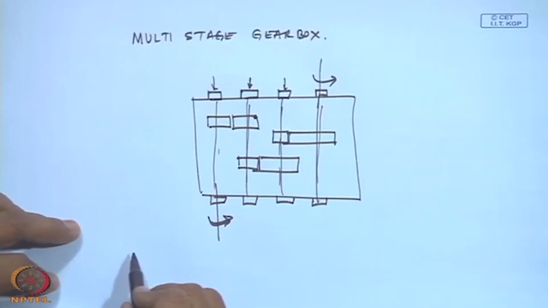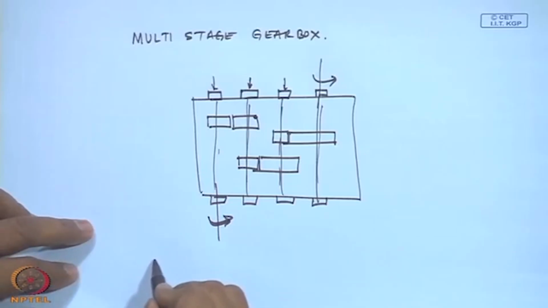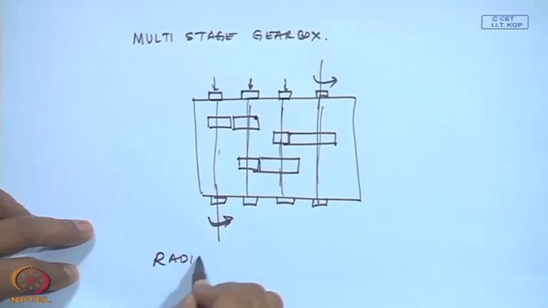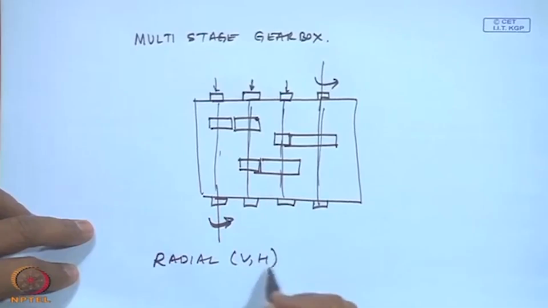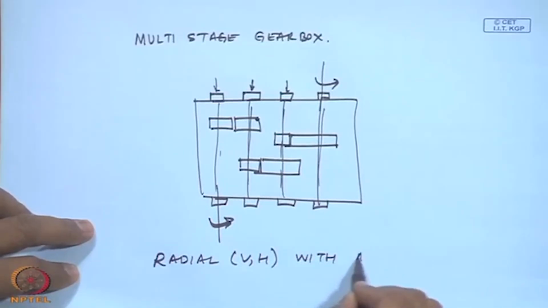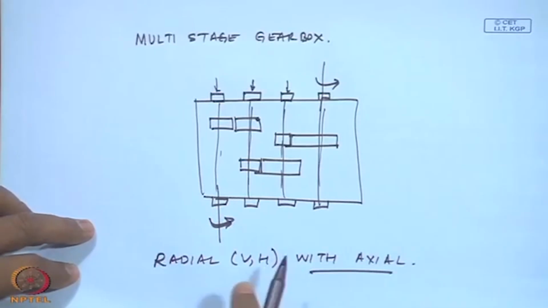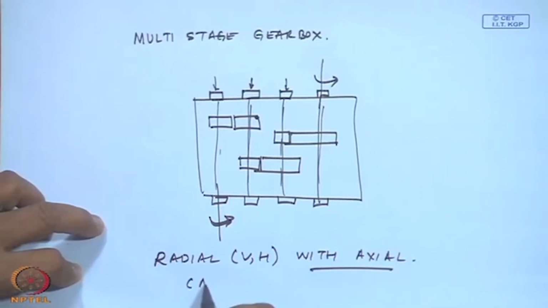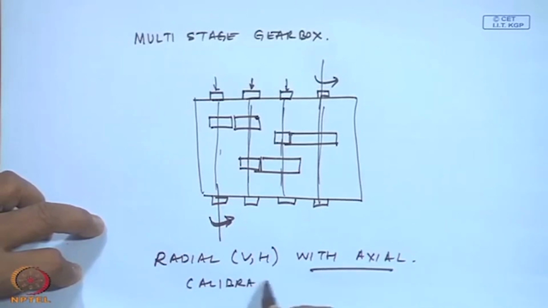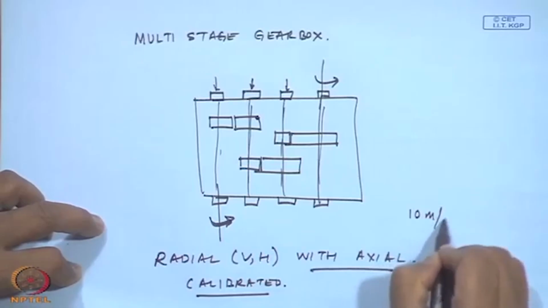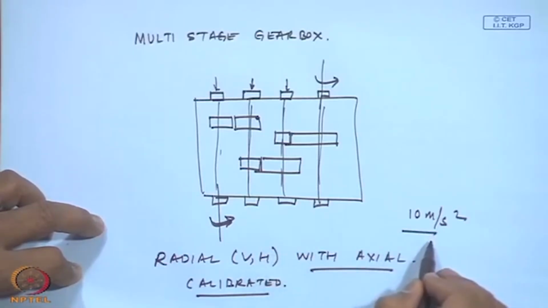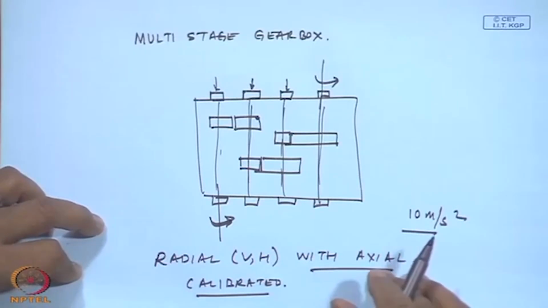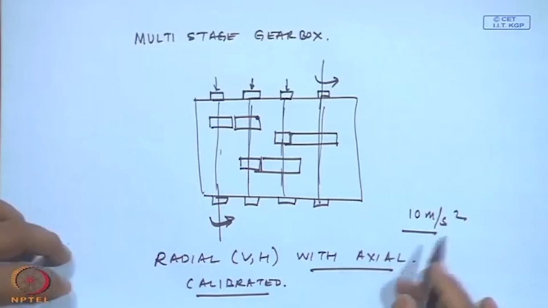Another thing to be very careful about is when we have to compare the radial, that is the vertical and horizontal, with axial, we have to be sure that the accelerometers are calibrated. When I say I mean 10 meters per second square in a particular direction, I also mean that this has been calibrated for that level.